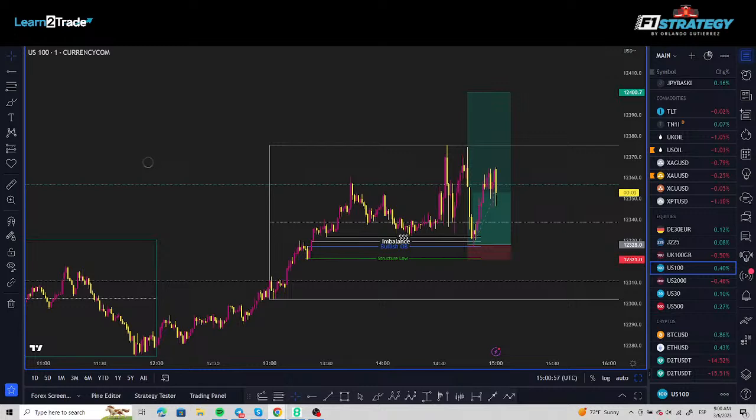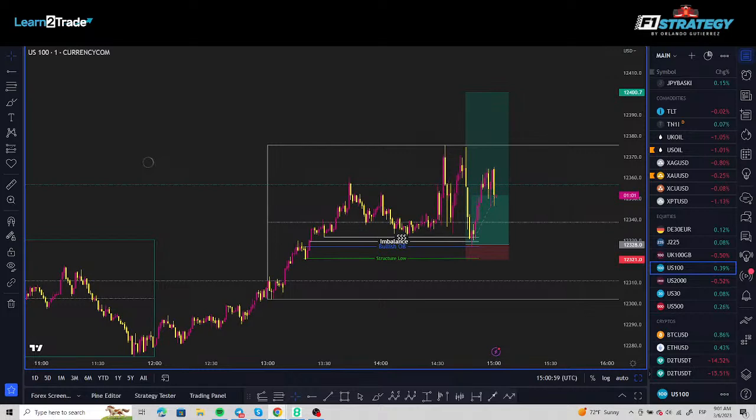All right, everybody. Good morning. So on the U.S. Open, we had this setup on the Nasdaq. On the mitigation of that order block and the sweep of all of that liquidity at the lows, we got triggered like always and already took 1 hour off the table and we are running on a free trade.